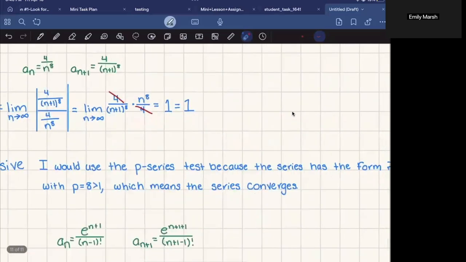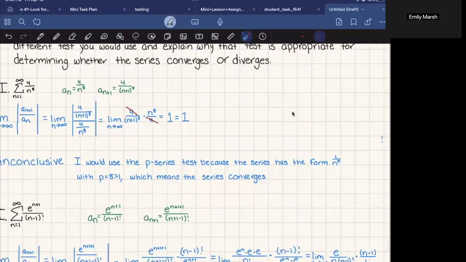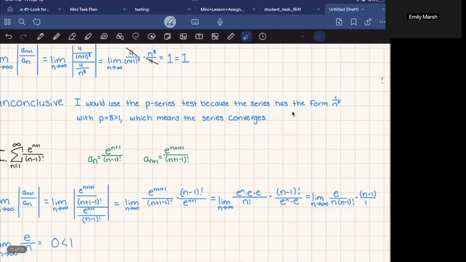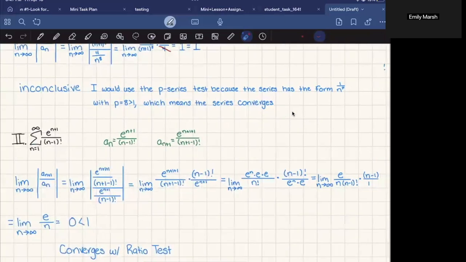So instead of the ratio test, I would use the p-series test because it's in this form here, the p-series form, which is 1 over n to the power of p, p being some number, okay? And p in our case is 8. And for the p-series, when we have a number that is greater than 1, it means that the series is going to converge.